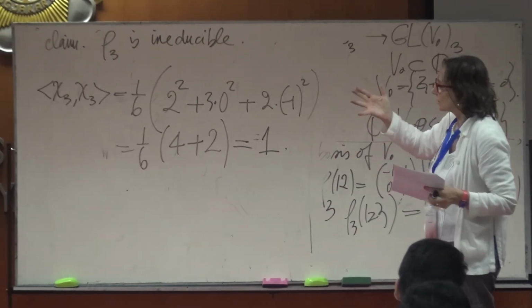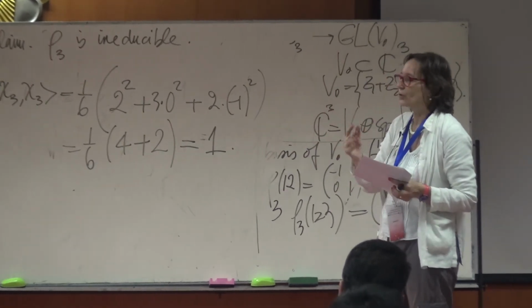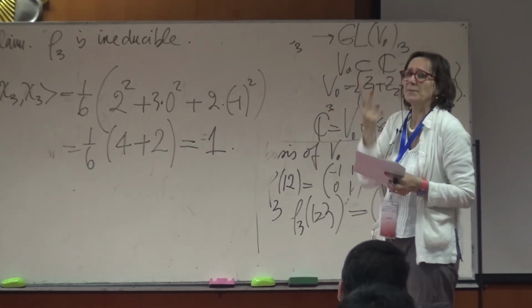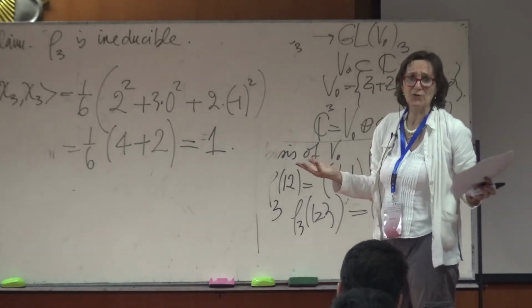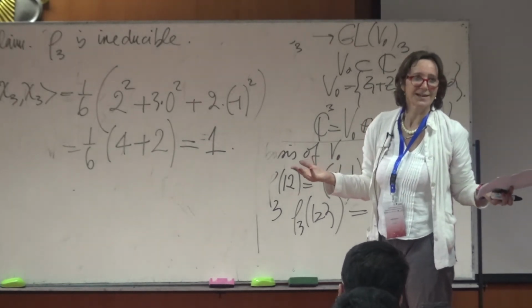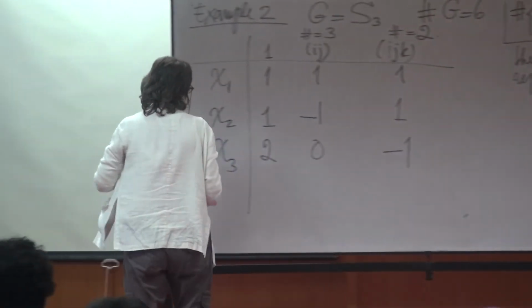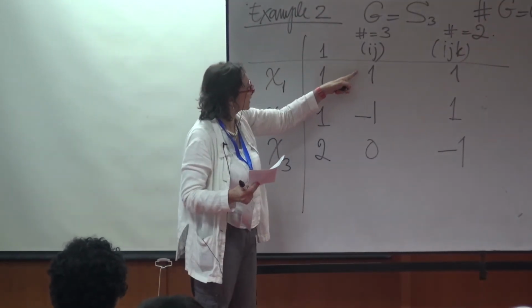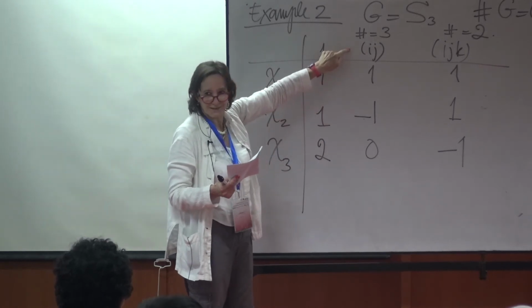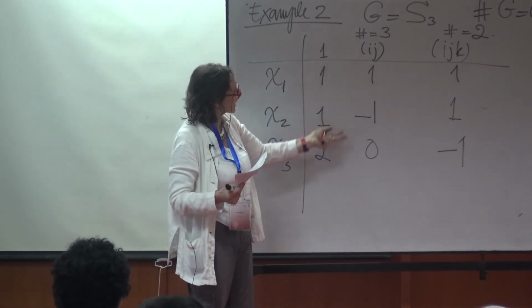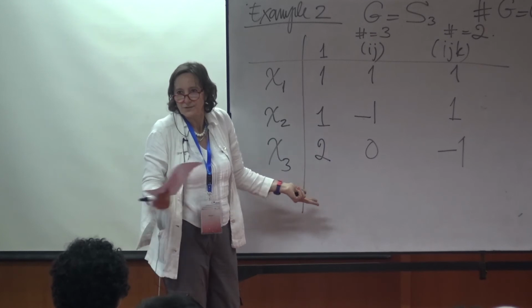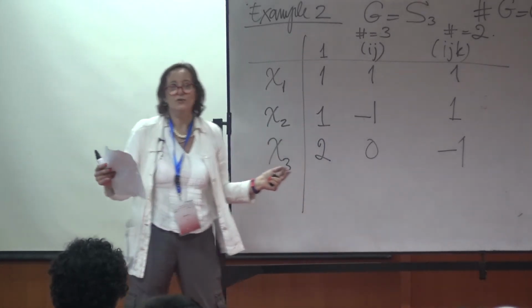Of course, Psi3 has dimension 2, Psi2 and Psi1 have dimension 1, so obviously they are not equivalent, right? But the fact that all these 3 representations are non-equivalent, you can also see it here, you see? On the 2 cycles, these 3 characters take a different value. So the representations are non-equivalent.